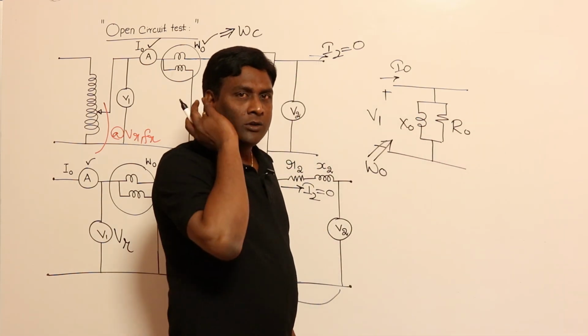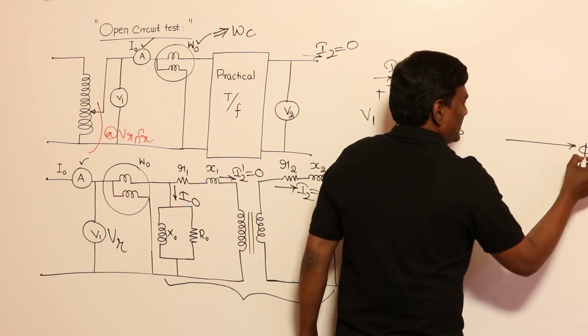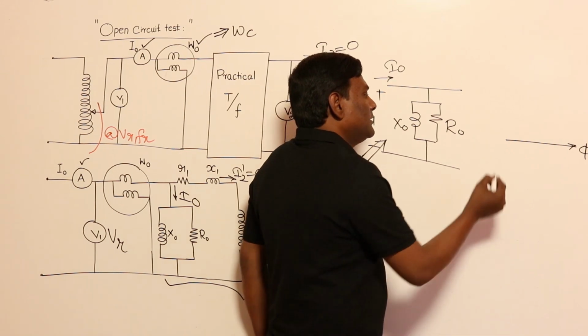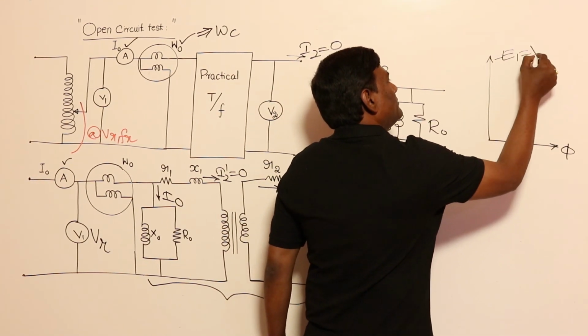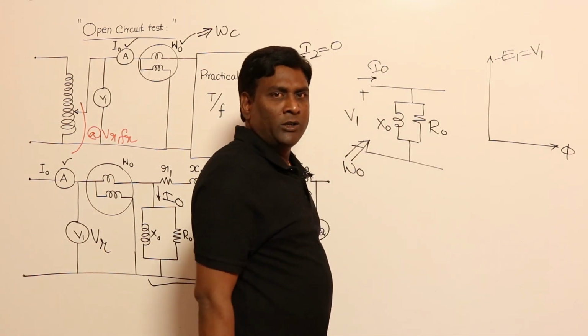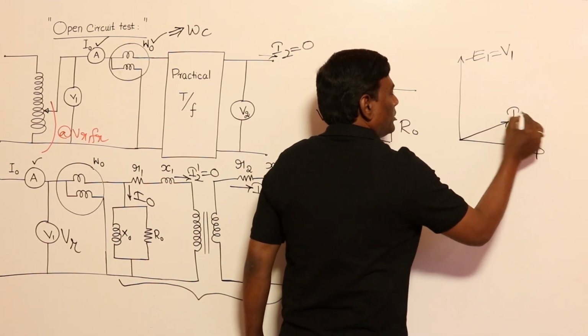Now let us try to draw the phasor diagram for it. This is going to be the operating flux. Here this is going to be minus E1 or V1. Now my no load current is going to lag behind, so this is going to be the no load current.